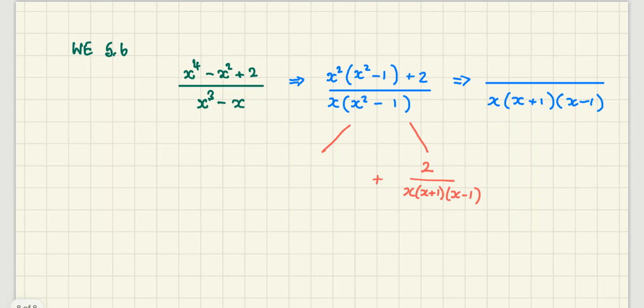And the other side is going to be x squared times x squared minus 1 over x times x squared minus 1. So just cancel those. It's just x. So we've then got just x plus 2 over x times x plus 1, x minus 1.